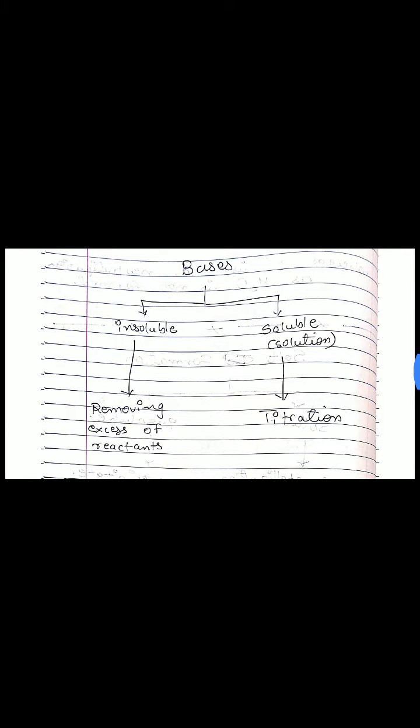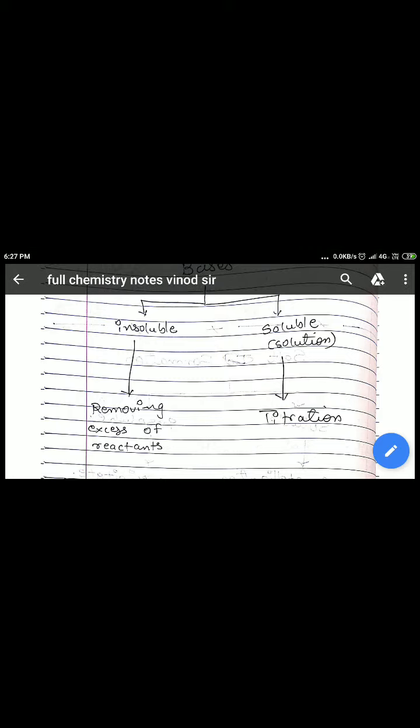A soluble base is called an alkali. What is it called? Alkali. And insoluble bases are the ones you term as bases only. Whenever you do a reaction with an insoluble kind of base, which includes copper and copper oxide, which don't dissolve in water, you remove the excess of reactant.